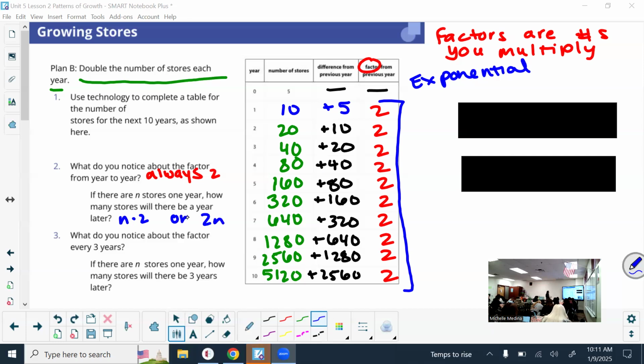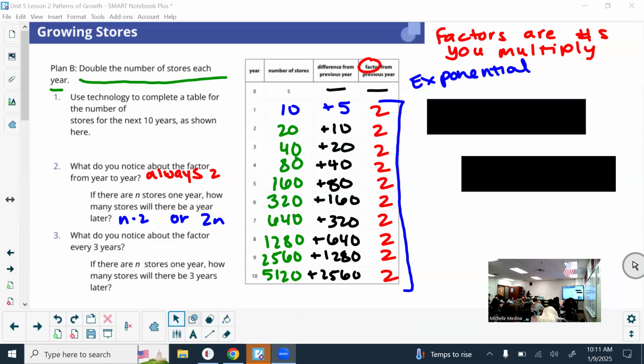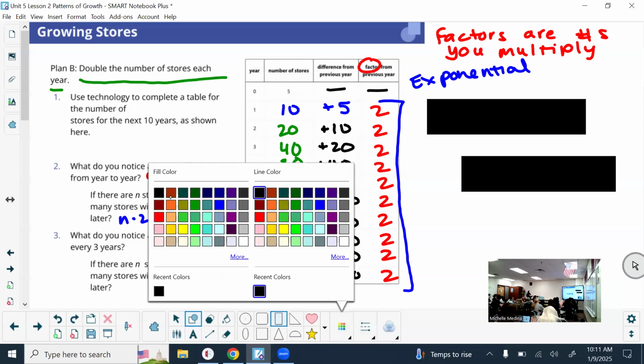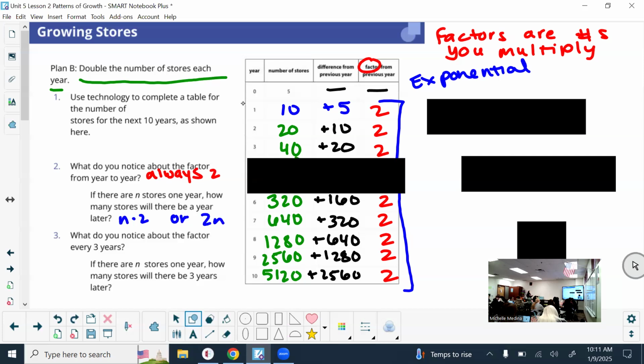Now, what do you notice about the factor every 3 years? So if I were to cover up some of this, and only look at every 3 years.